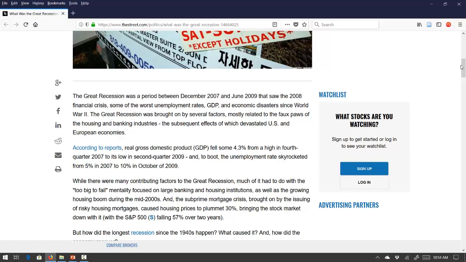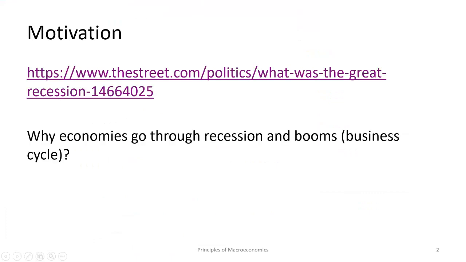The question we should be asking is why economies go through recessions and booms, or business cycles, and how to manage business cycles.